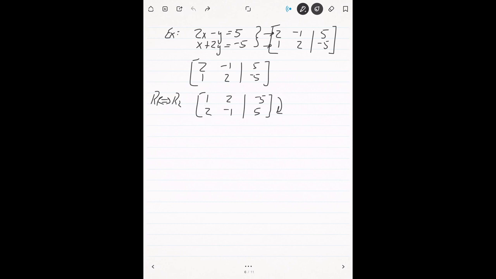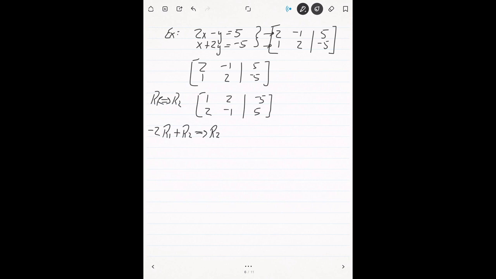So let's think, what could I do if I took row 1 and added it to row 2 to be the new row 2? Well, that wouldn't really work. So what could I do instead to get this to be a 0? Well, I could multiply row 1 by a -2.